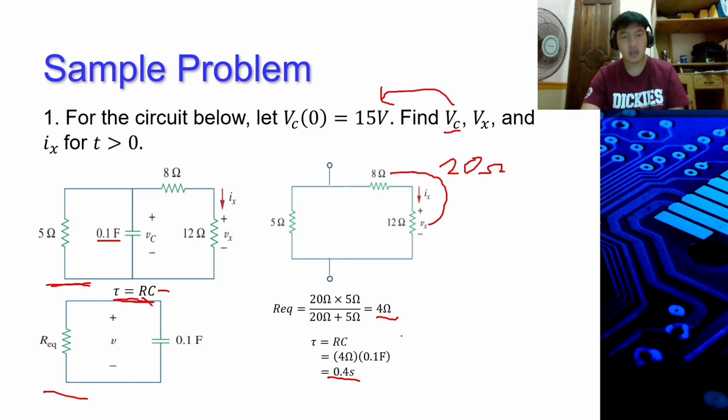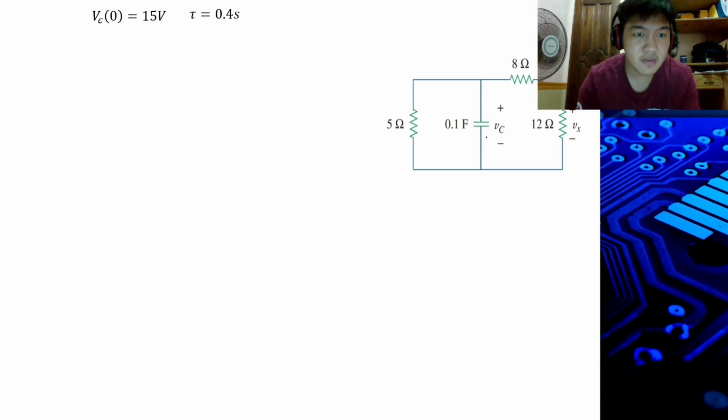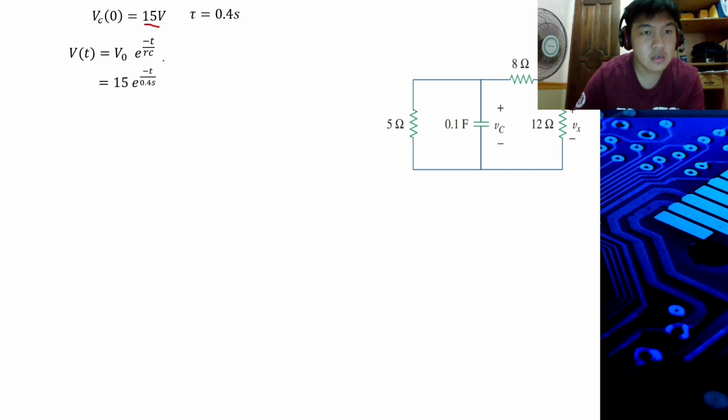seconds. Next, we will find Vx. Or first, let's find the voltage response, which is this one. Using this formula, you can identify the voltage response. So V sub O, V naught is equal to 15 volts, and this one will be our substitution.